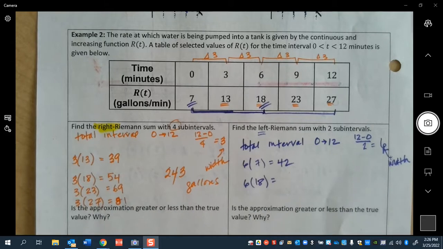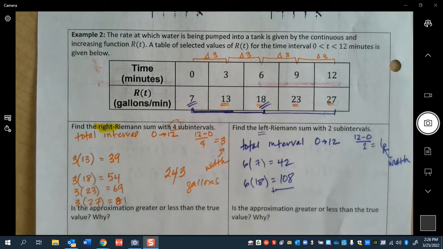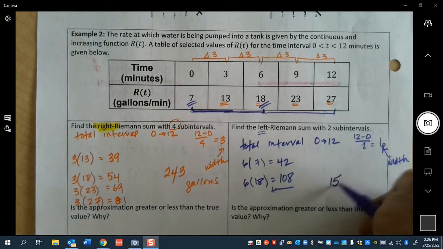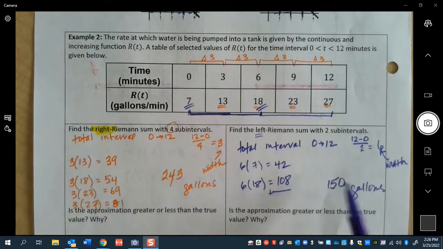I'm not trusting my brain. So then when I tally them, and notice that's all I have, now I have 108 plus 42. I have 150 gallons inside my tank.